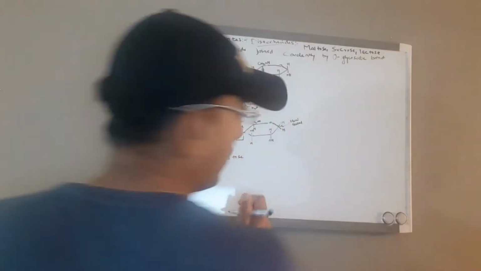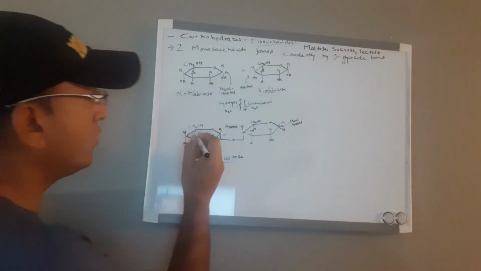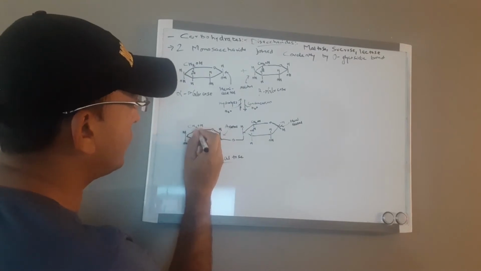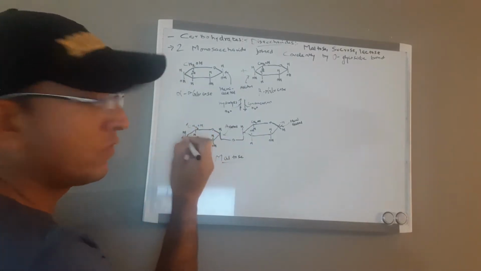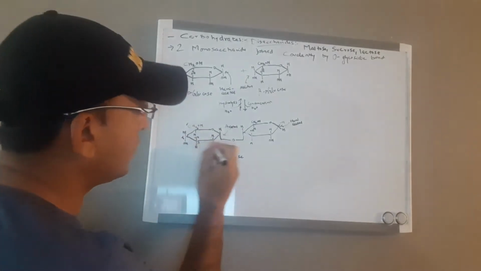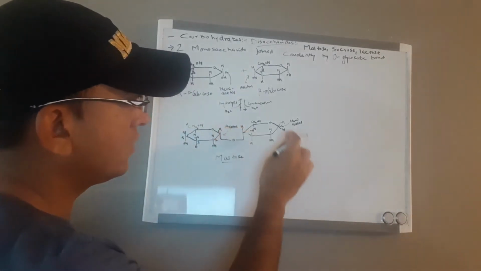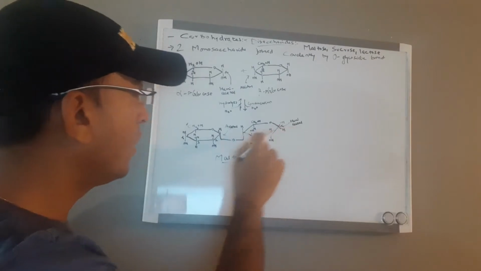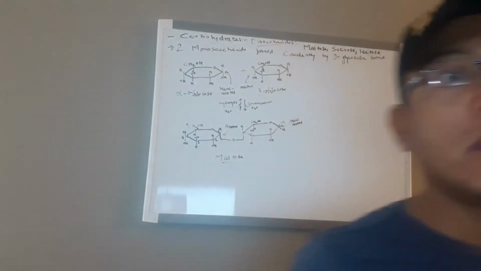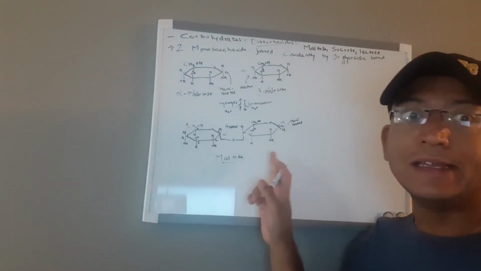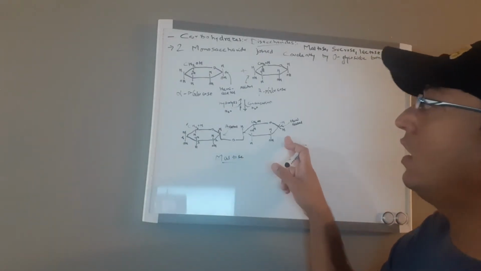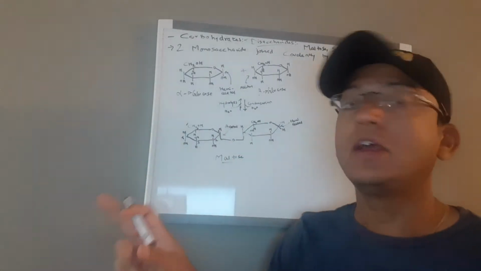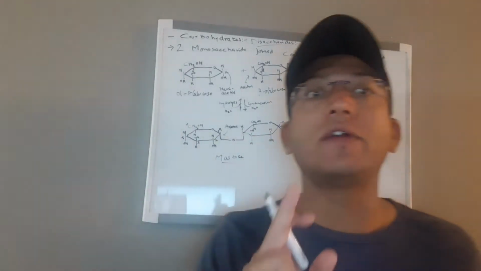Okay, so I will number the carbon atoms for you. For example, this is 5, this is 6, right? This is 4, this is 3, this is 2, and this is 1. This is 1, the same here, the same numbering of the carbon atoms. So maltose retains a reducing hemiacetal at position 1 that is not involved in the glycosidic bond.